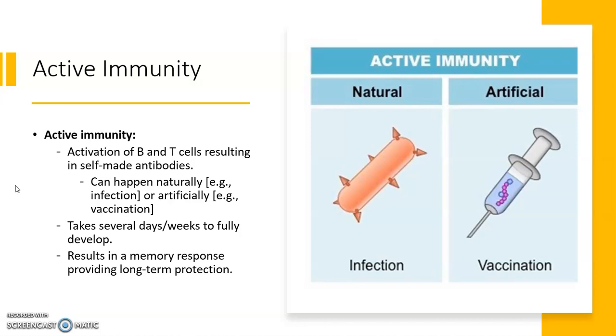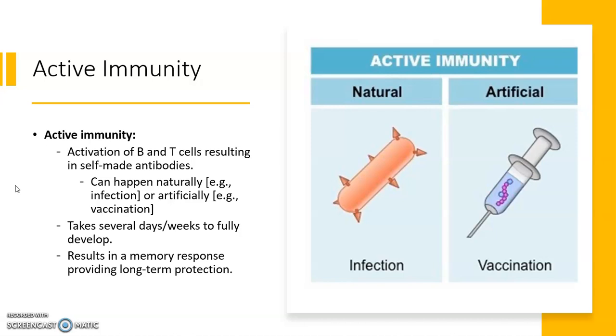So this active immunity can happen in two ways, naturally or artificially. Naturally acquired active immunity would be as simple as just going out and getting sick with an infectious pathogen. So you go out and you get the flu, you get sick, and your body activates the T cells and the B cells in order to fight off the infection. Eventually you produce antibodies to fight off the infection and you get better.